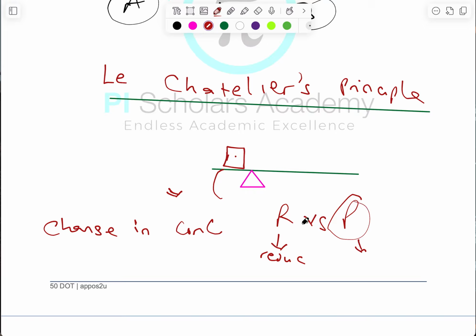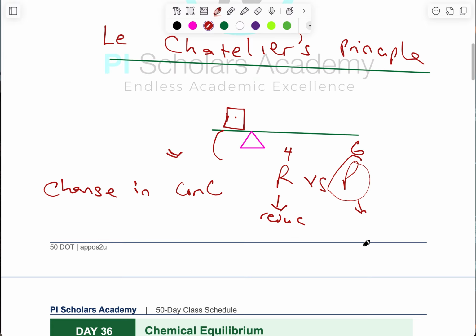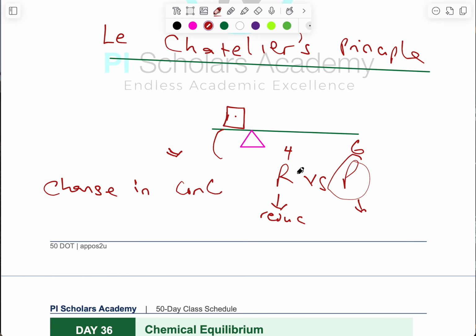For instance, if their concentrations in equilibrium were 4 versus 6, and you now decide to decrease the concentration of this one to 2, some of these will actually readjust themselves.